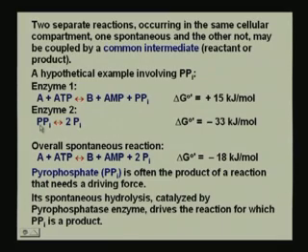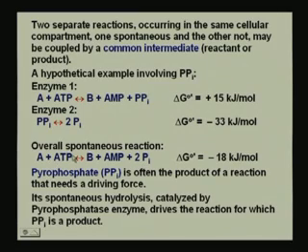So, if we look at enzyme 2 that is breaking up the PPi into 2Pi, it gives us a delta G0 prime of minus 33 kilojoules per mole, which more than compensates for the non-spontaneity of this one, right. So, the overall spontaneous reaction is going to give us A plus ATP going to B plus AMP plus 2Pi.